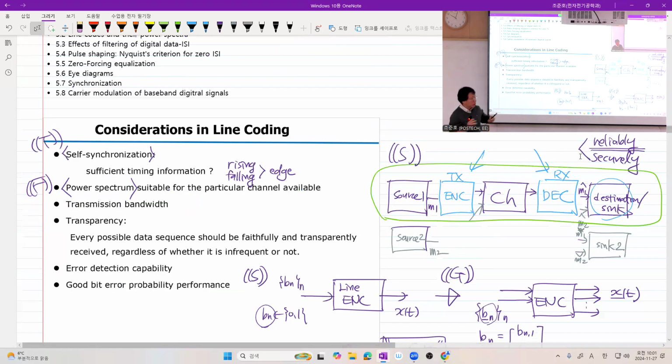Anyway, here goes the topic we are going to study. Different line codes, which are some examples of digital modulation schemes, have different time domain characteristics like self-synchronization capability, but also in the frequency domain, they have different power spectrum.